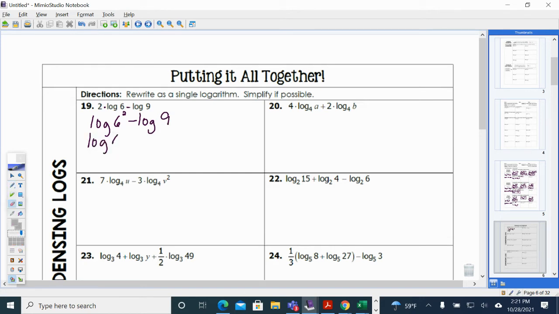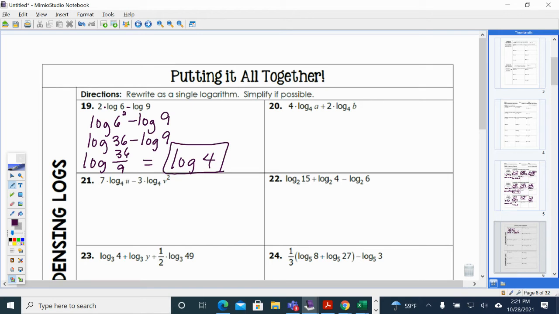Log of 36 minus log of 9. So remember, with subtraction, it becomes division. So to condense this, it would be log of 36 divided by 9. 36 divided by 9 is 4. So the answer on that one is log of 4.